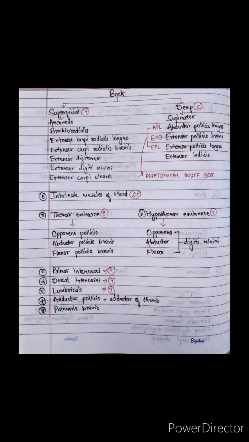Here the muscles are also 3 in number, and they are opponens digiti minimi, abductor digiti minimi, and flexor digiti minimi. Next, the muscles are palmar interossei and dorsal interossei, which are 4 in number. Lumbricals, these are also 4 in number. Adductor pollicis, it is the adductor of thumb, and palmaris brevis.